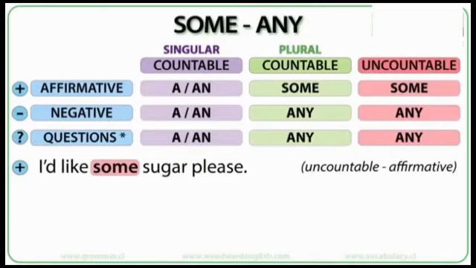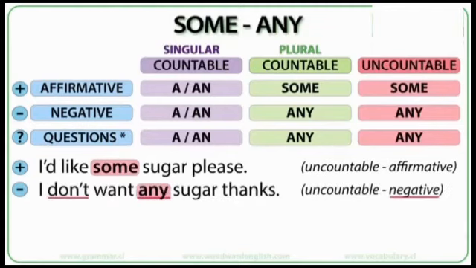You can count teaspoons of sugar, but you are counting the teaspoons and not the sugar, though sometimes you may hear people say, I'll have three sugars in my coffee, please. But that's because they are still referring to the teaspoons of sugar. How about a negative sentence?